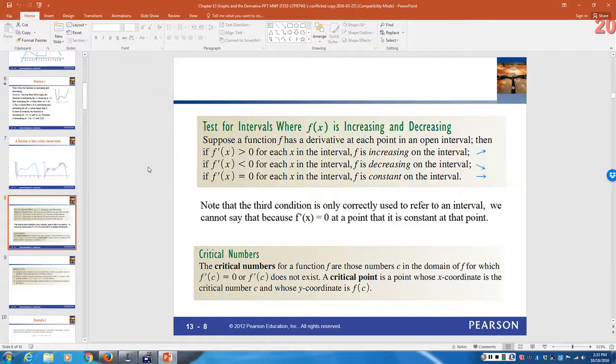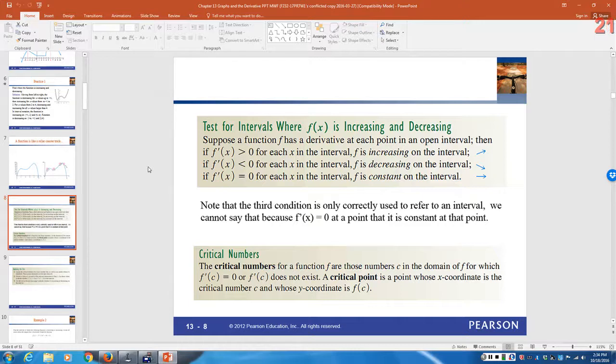Another definition that is important here, though, is called the critical numbers. Critical numbers for a function are the numbers c in the domain of f where f prime of c is either equal to 0 or f prime of c doesn't exist. So at points where your derivative is either equal to 0 or the derivative doesn't exist, you have what are called critical points.